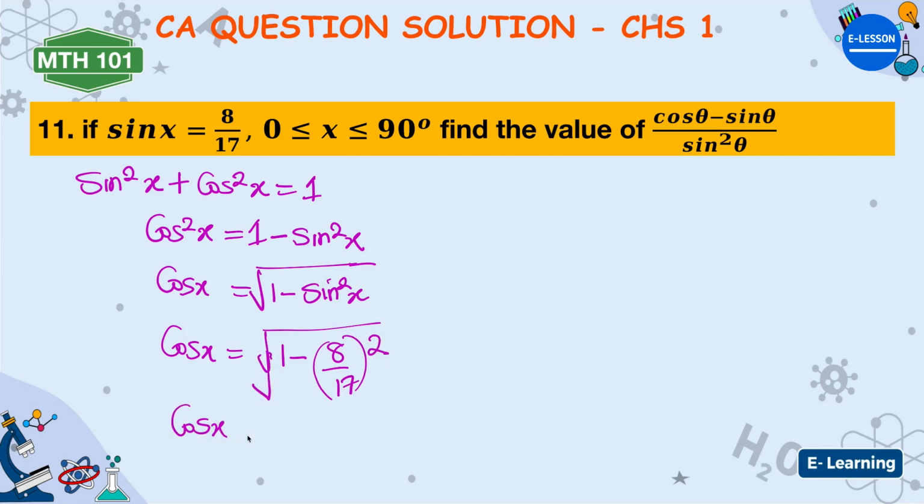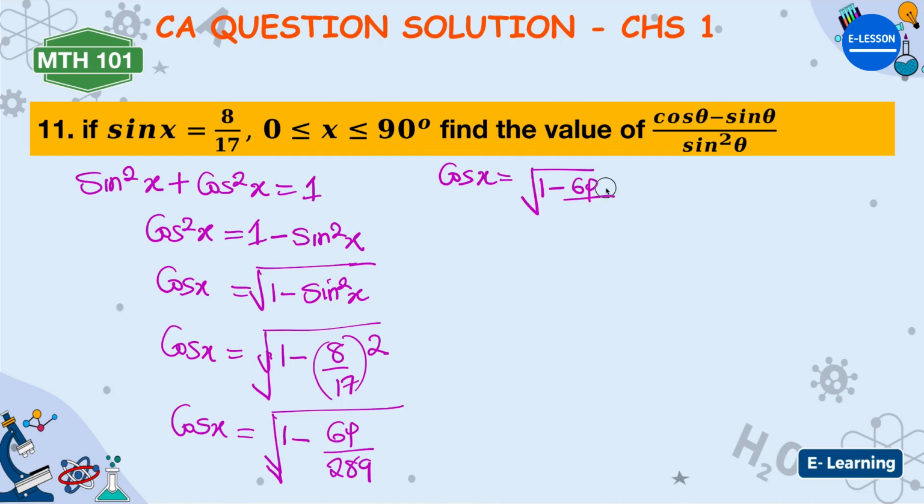So my dear student, cos x will be the square root of 1 minus 8 squared, which is 64, over 17 squared, which is 289. All right? Exactly. So our cos x will be the square root of 1 minus 64 over 289.